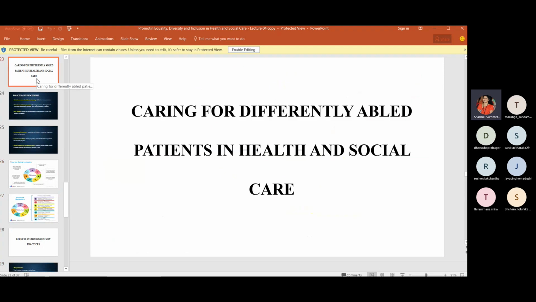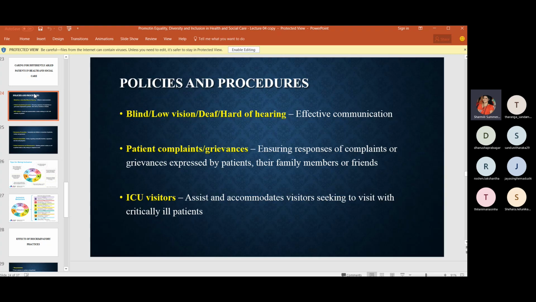Now we can see how we can care for differently able patients in the health and social care setting. These are some of the policies and procedures: if the person is blind or has low vision, deaf or hard of hearing, then the communication should be effective. If the person is blind, you can use the Braille method.